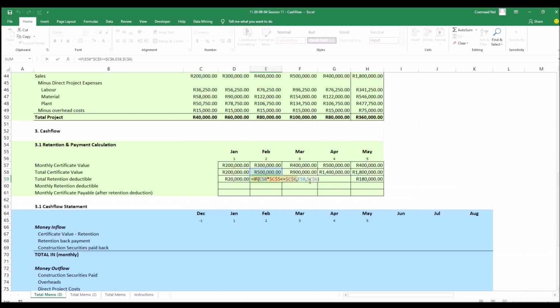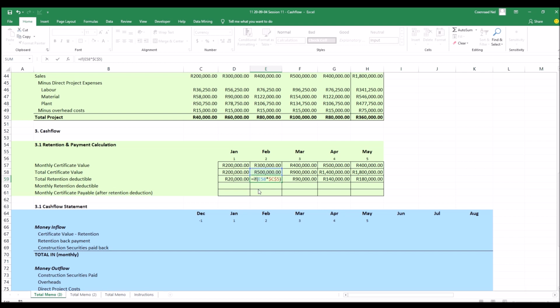Let's do this whole thing over. It is 10% of that. Okay, so this will be, if that value over there is, oh, that's what I did wrong, guys.